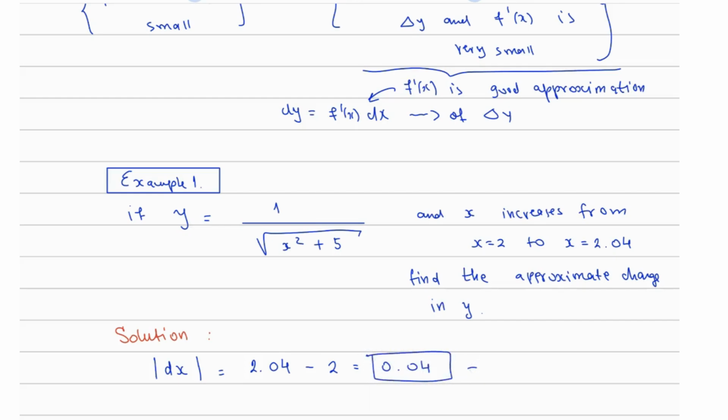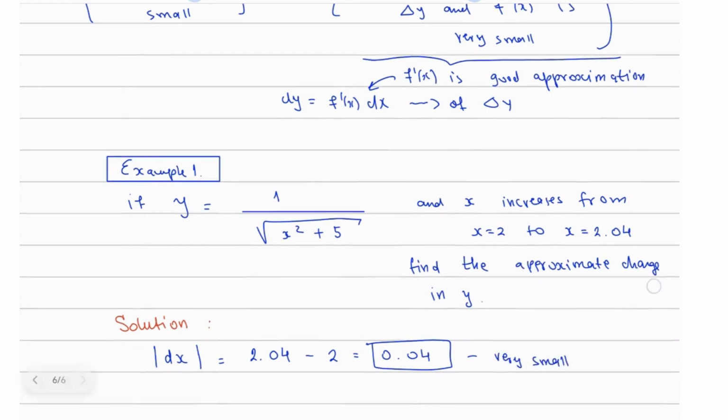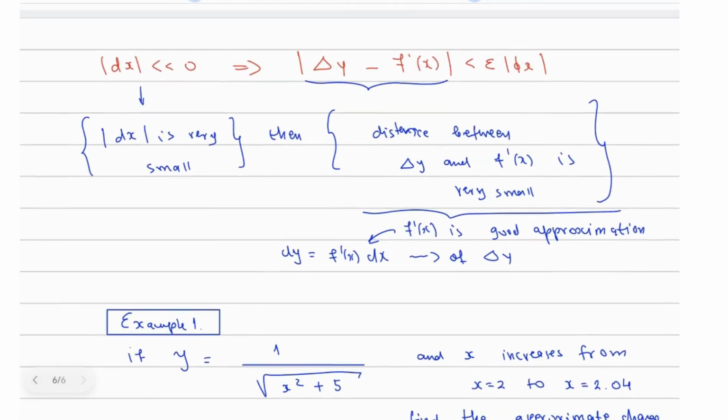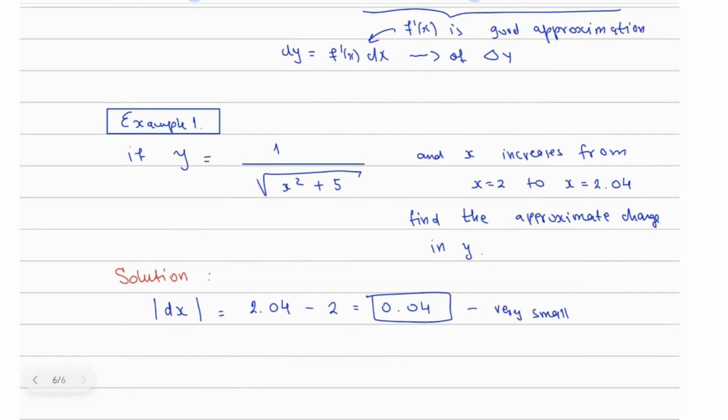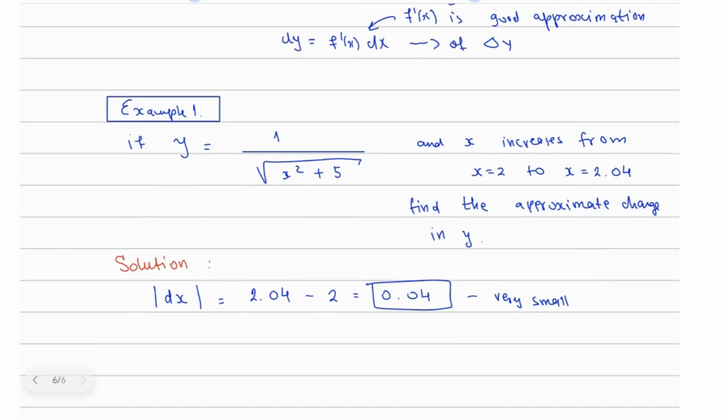So this is very small, and that is what we want. So what do we need? We want dy, which is f prime of x times dx.